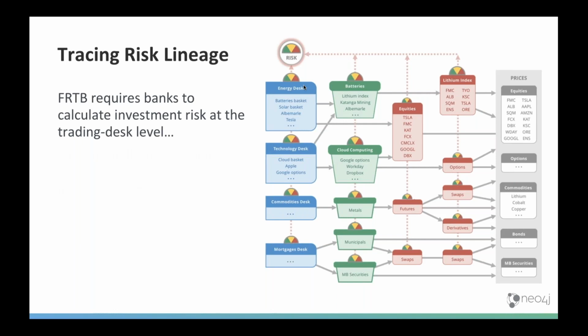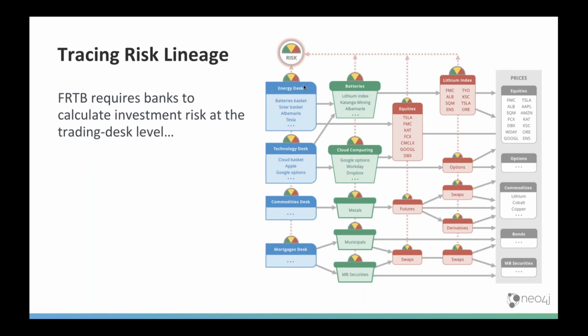And as I was mentioning, this is not a static lineage. Prices keep changing. Based on trading behavior, the basket will keep changing. The desk, the instruments associated with the desk will keep changing. And we need to maintain that lineage throughout this process. So it's a pretty complex and dynamic activity.